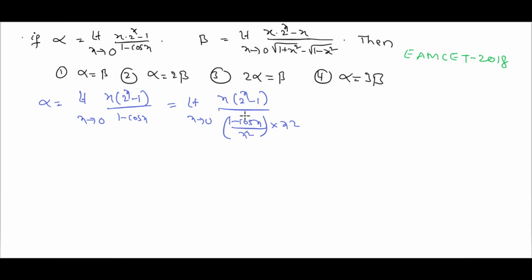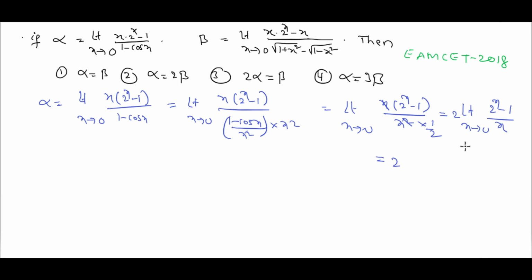As x tends to 0, this value is 1 by 2, that is limit x tends to 0 x into (2 power x minus 1) by x square into 1 by 2. Here one x is cancelled, that is equal to 2 into limit x tends to 0 (2 power x minus 1) by x. So this value is 2 into (2 power x minus 1) by x, and that value is log 2. So this alpha is equal to 2 log 2.